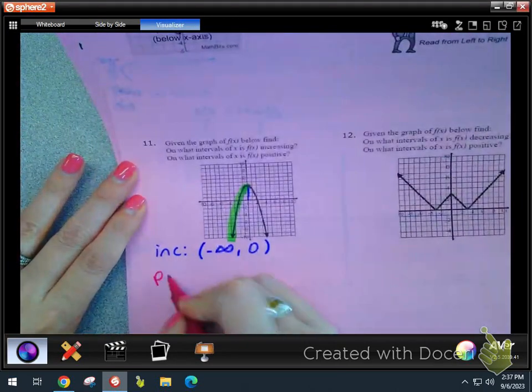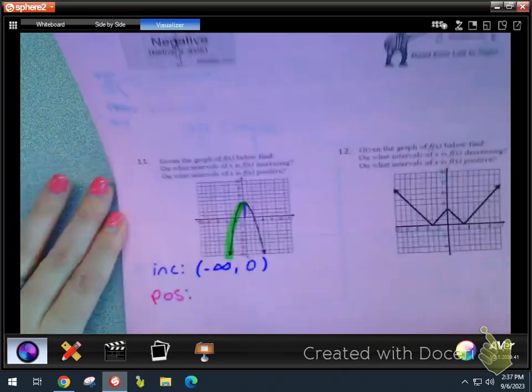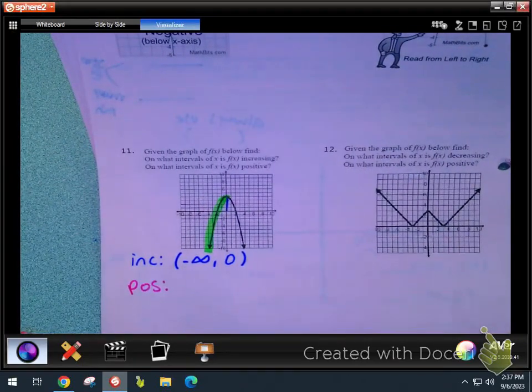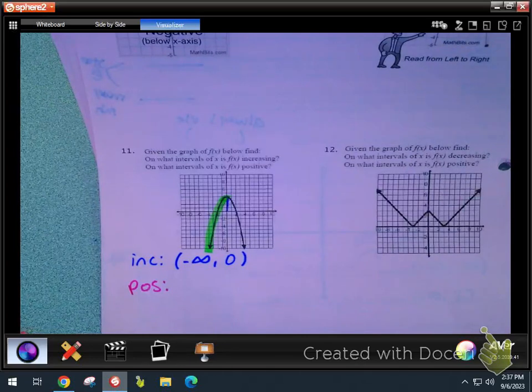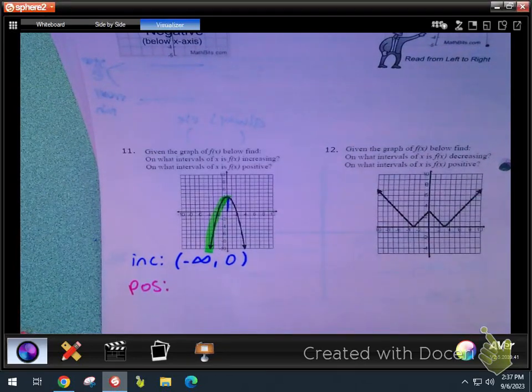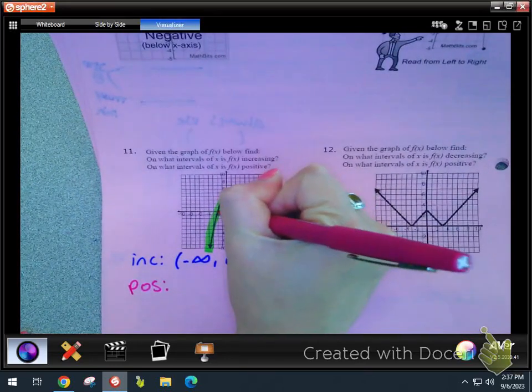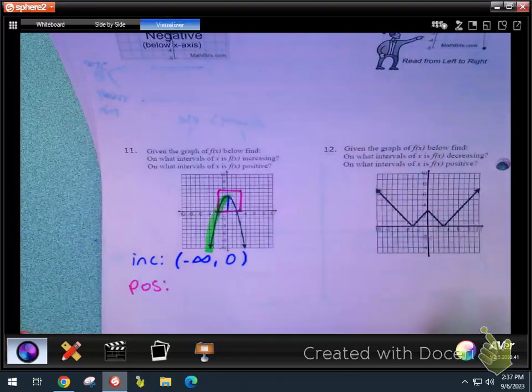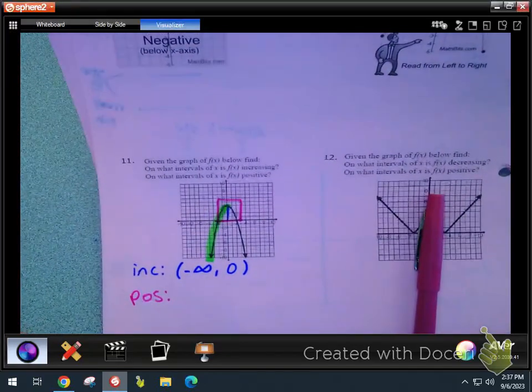What about positive? Where is my graph positive? Just the top. How many intervals is that going to be? 1 or 2? Why does it have to be 2? I think it's negative 2 and positive 2. Correct. So you have 2 x-intercepts, but there's only one little chunk that is above the x-axis. So again, think about your stopping points.